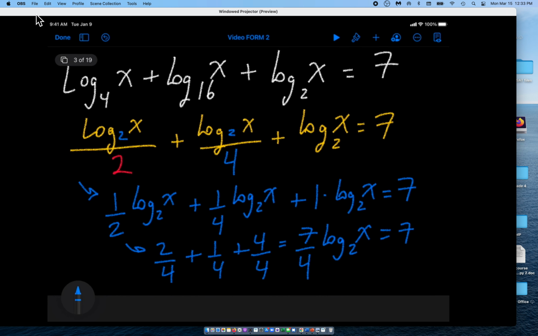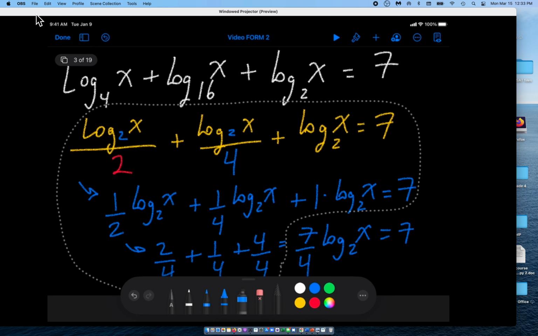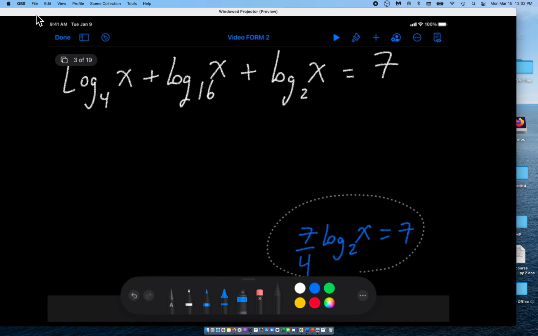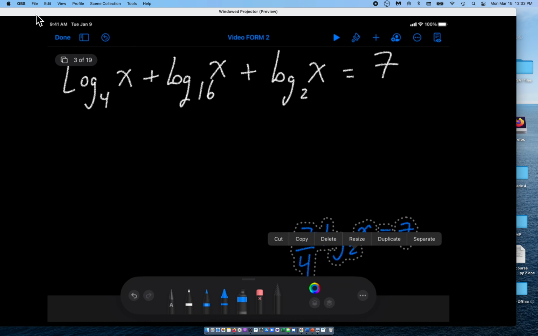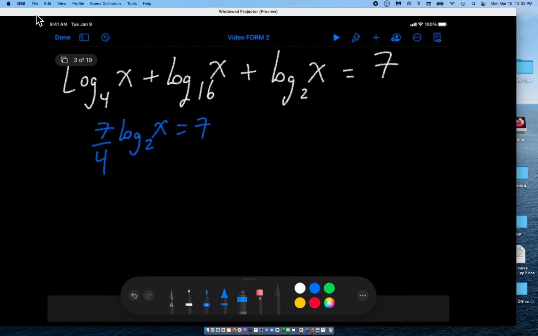Okay, now let's take this, and I'm going to show you how to simplify that last expression using some of the principles that we have covered thus far.